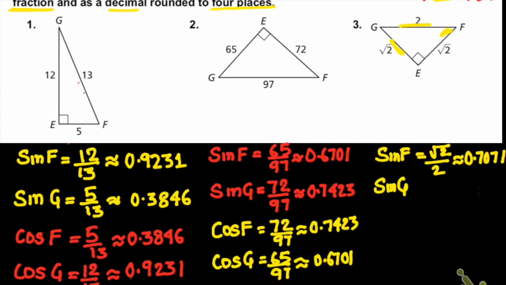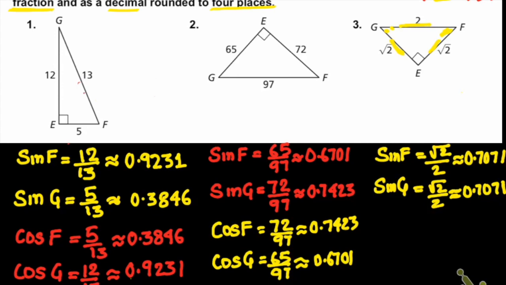And for sine g, when you look at g, this is going to be opposite, and root 2 over 2 again, the same expression, roughly equal to 0.7071.